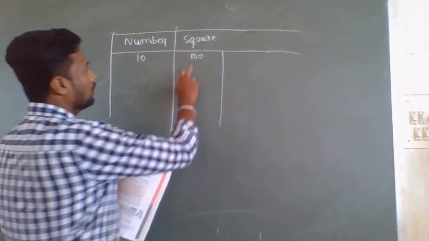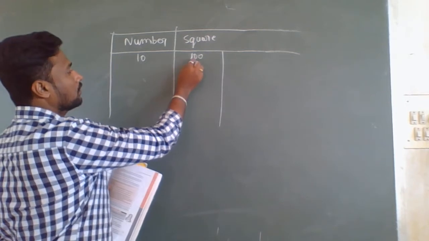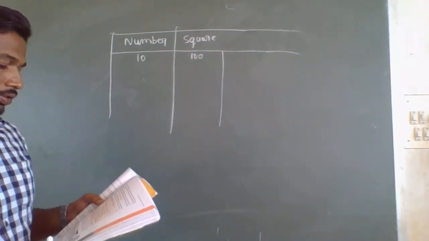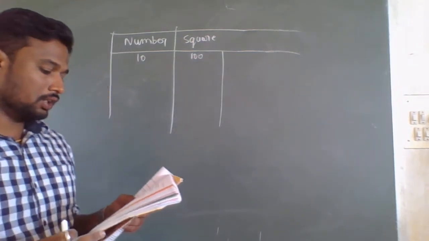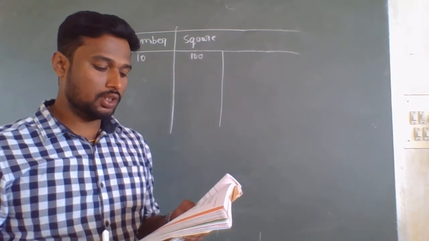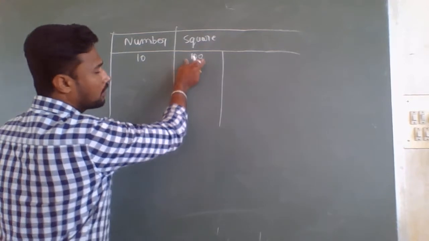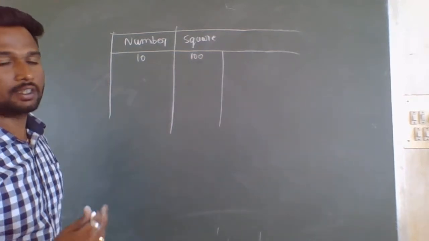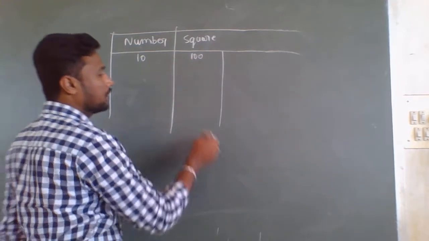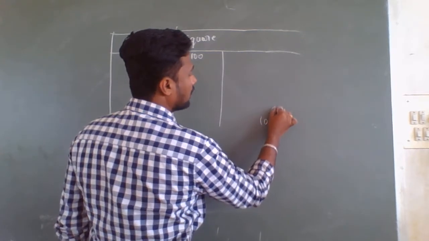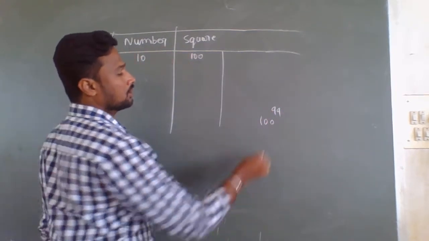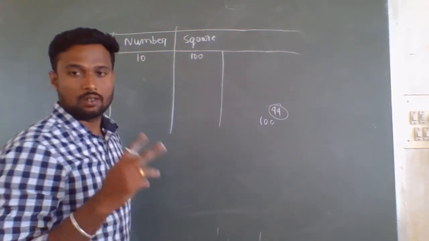So this 100 has 3 digits: 1, 2, 3. What they have given here is the smallest 3 digit perfect square. You can see this 100 is the smallest 3 digit number, because before 100 you have 99, and this 99 contains only 2 digits.